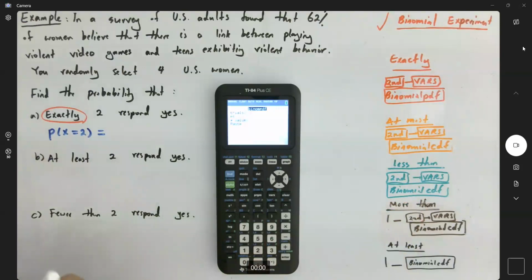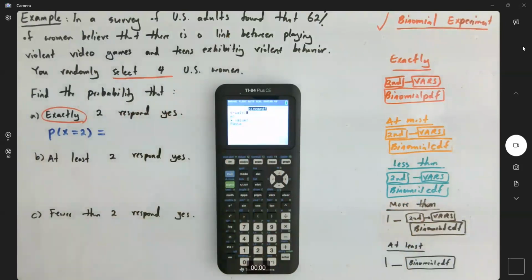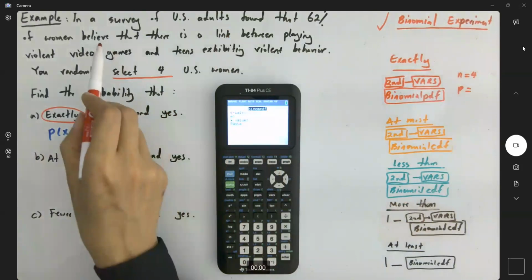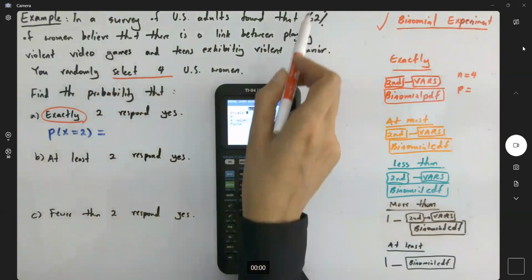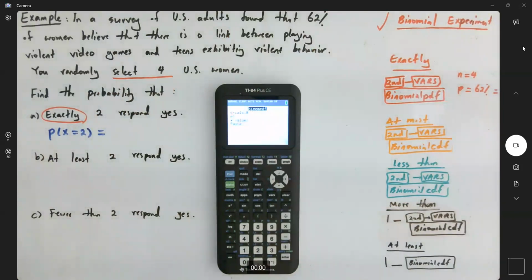In total, we had 4 US women, so your n is going to be 4. What is the probability of success? The probability of success is given to us as 62%, or 0.62.